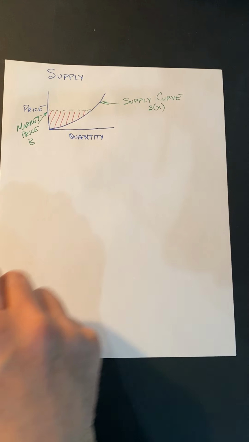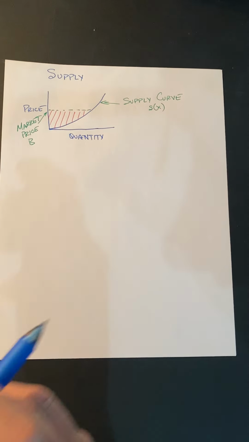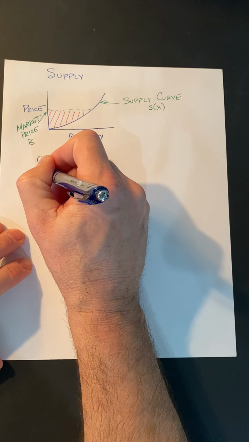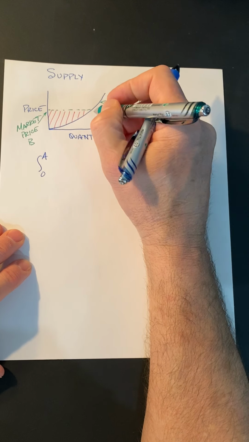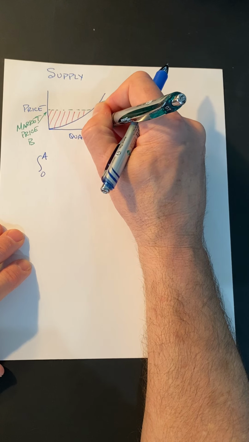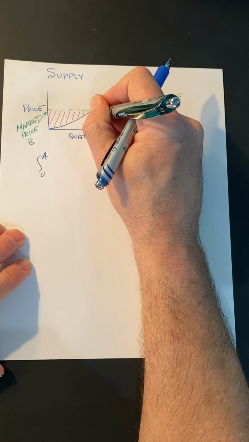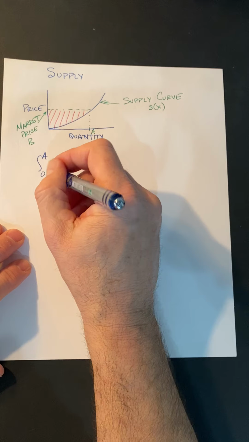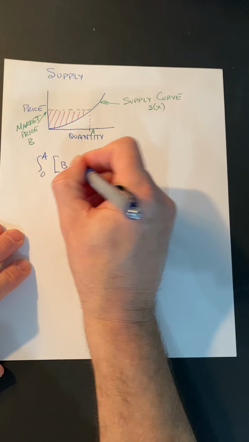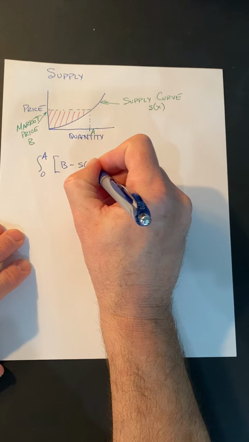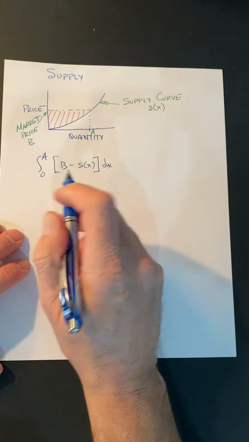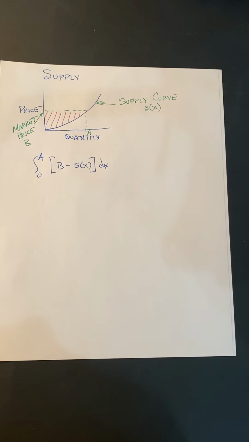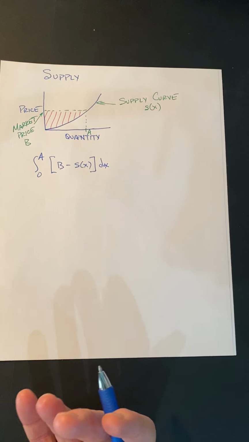So if you think about that now, the integration formula for this is going to have to be from 0 to A, and of course, out here is my A, right? So from 0 to A of the market price minus the supply function, okay, dx. So kind of an opposite, if you will, from the consumer, which makes sense, right? What's good for the consumer may not be good for the supplier and vice versa.